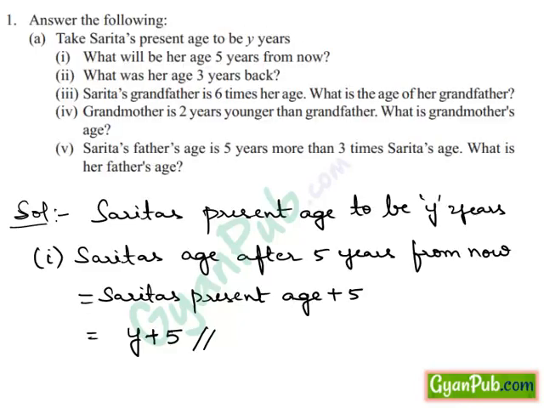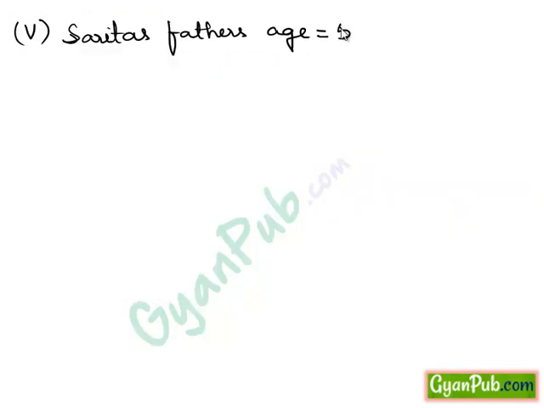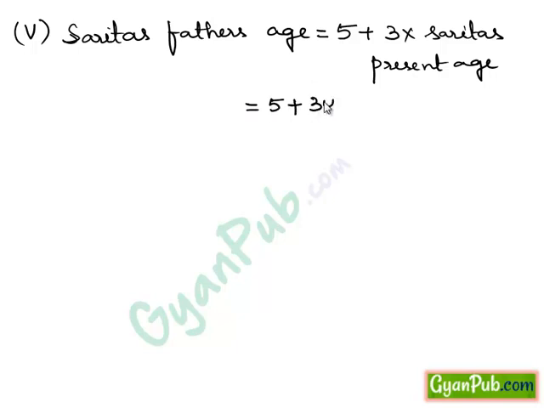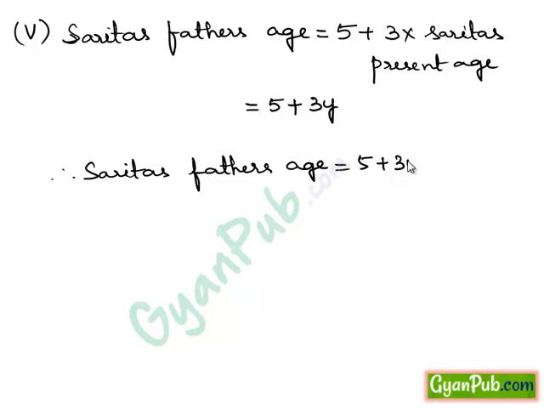Since in the question they had given that his age is 5 years more than 3 times Sarita's age, it is 5 plus 3 into Sarita's present age, which is equal to 5 plus 3y. Therefore, Sarita's father's age is equal to 5 plus 3y.